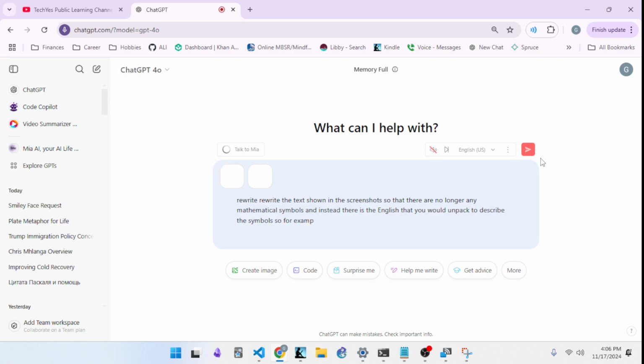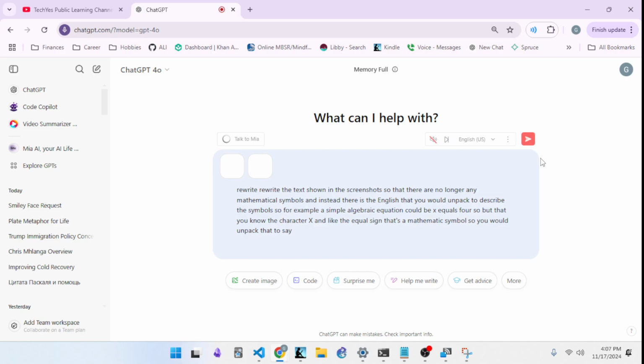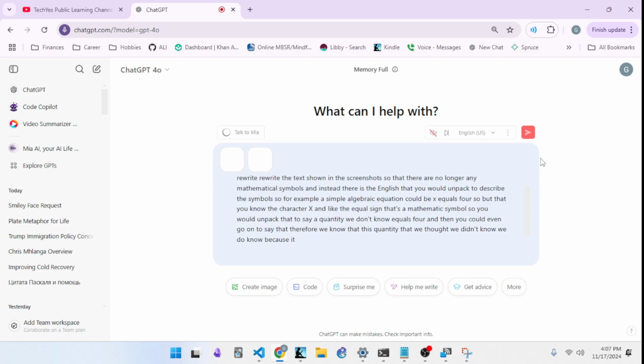For example, a simple algebraic equation could be x equals 4. The character x and the equal sign are mathematical symbols, so you would unpack that to say a quantity we don't know equals 4. And then you could go on to say that therefore we know this quantity that we thought we didn't know, because it equals 4.